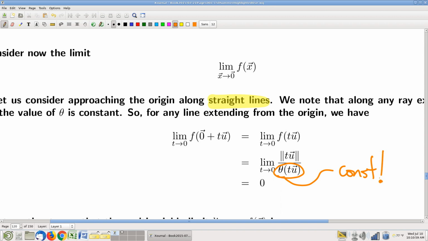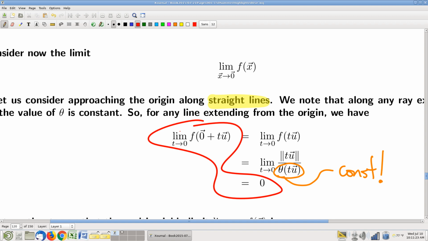And that means as you're approaching the origin, that angle is always the same. So we have a constant in the denominator, and now let's look at what's left over. T is approaching 0, and there's a factor of t in the numerator, and I think it's uncontroversial that therefore this limit is 0.